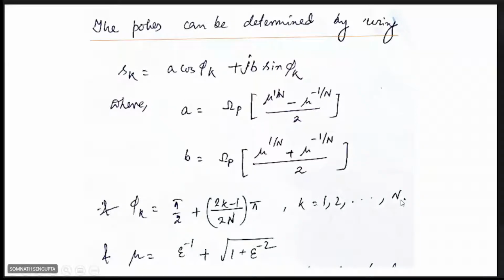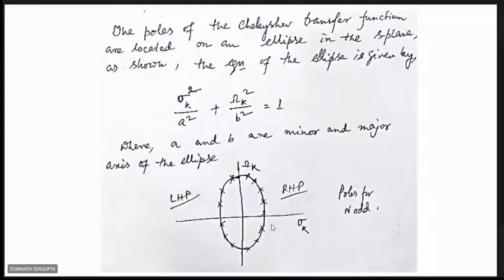So this way, if you use all these frequency specifications omega p and epsilon, then you will be able to design the Chebyshev filter. Now you see some characteristics: the poles of the Chebyshev transfer function are located on an ellipse in the S-plane as shown.